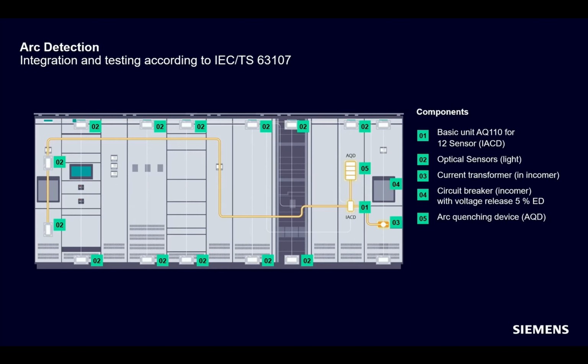Only if a steep rise in the current is detected in addition to the light signal, the trip signal is sent to the circuit breaker. All of this happens very fast, within about 15 milliseconds until the circuit breaker has switched off. This means that the impact on the system is significantly reduced.